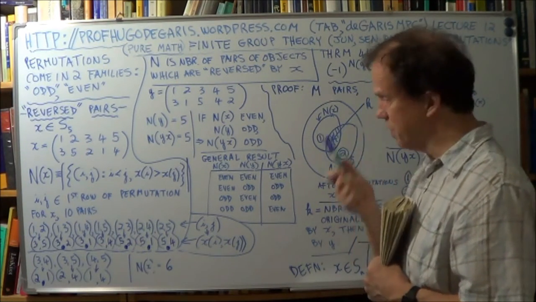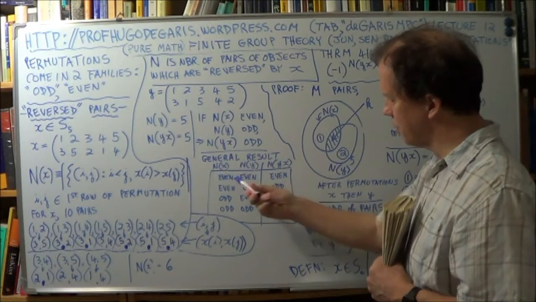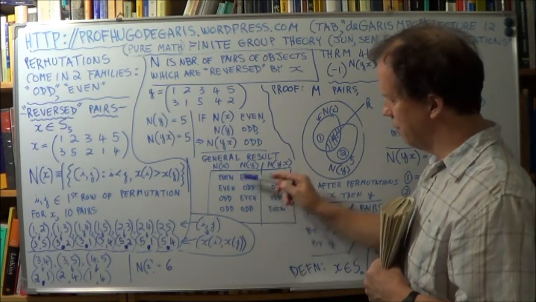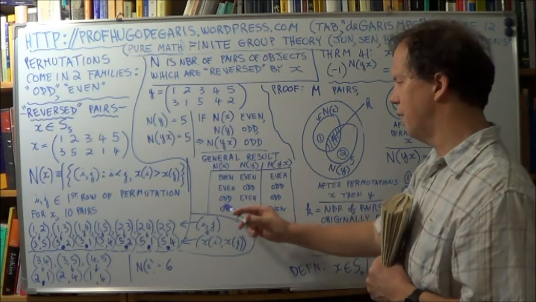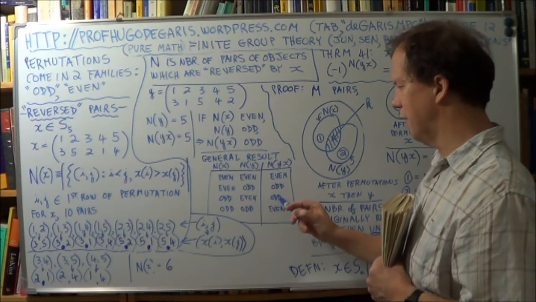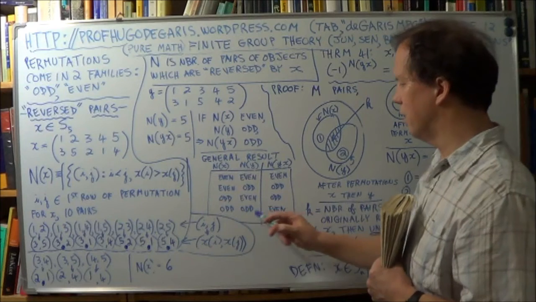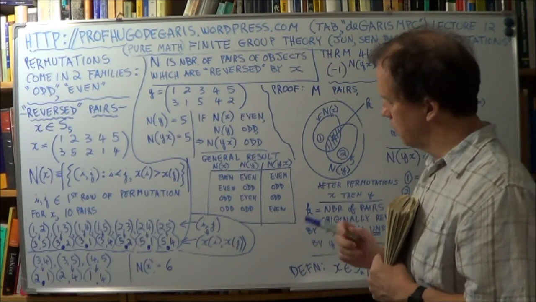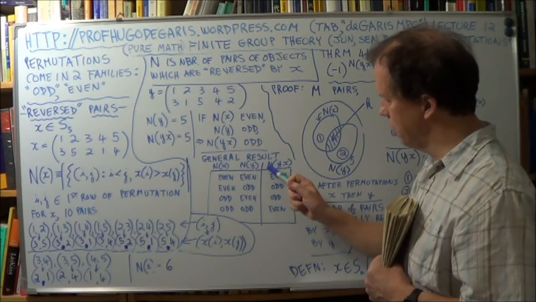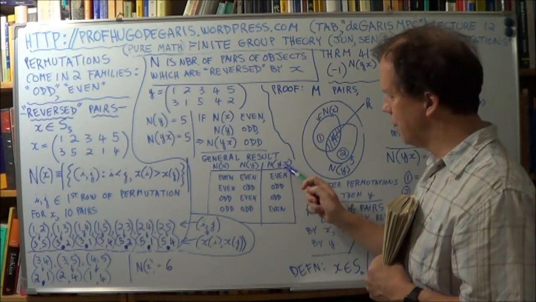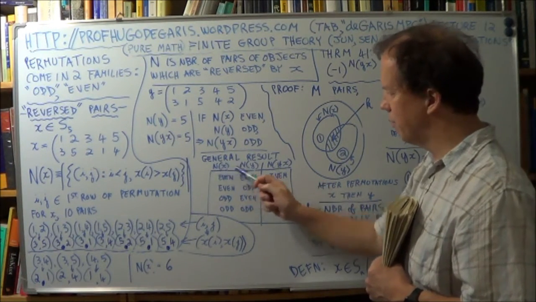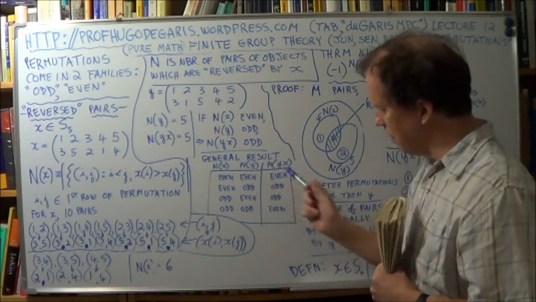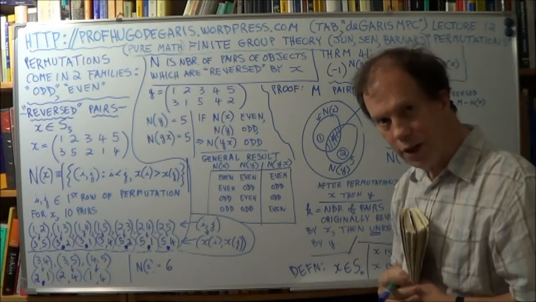So are you getting a bit suspicious about what's going on here? How do you derive this from these? And if it's odd and even, again odd. And if it's odd and odd, you get even. So how are you getting this n of xy from these two n's? It looks as though you're adding them, right?